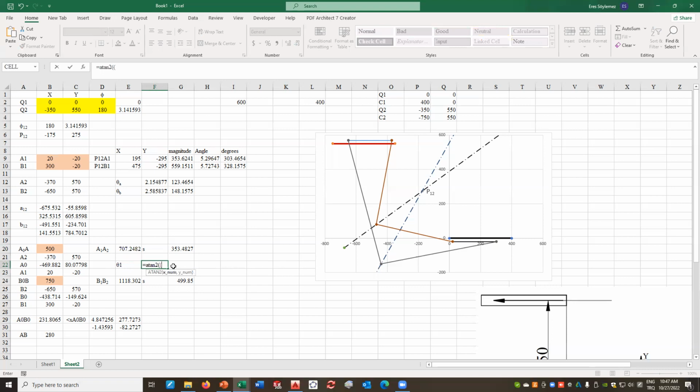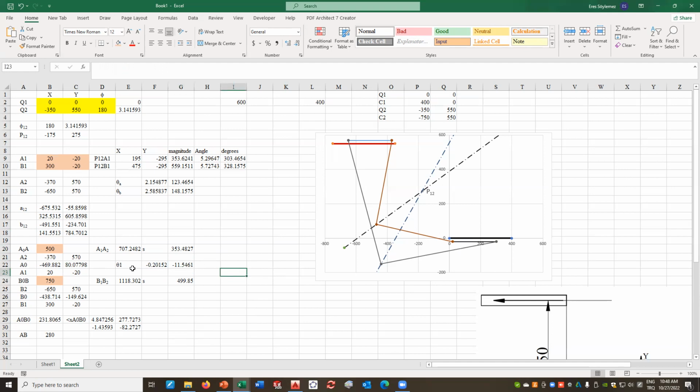Open parentheses, A1 minus A0, comma, the y components. It is minus 11 degrees with respect to the horizontal.